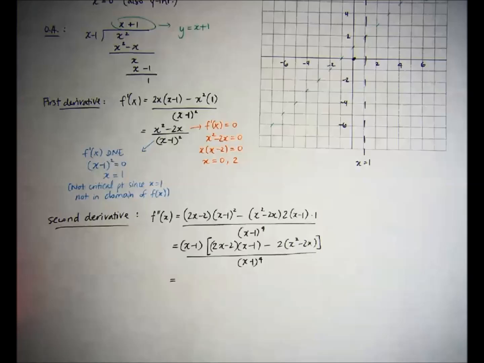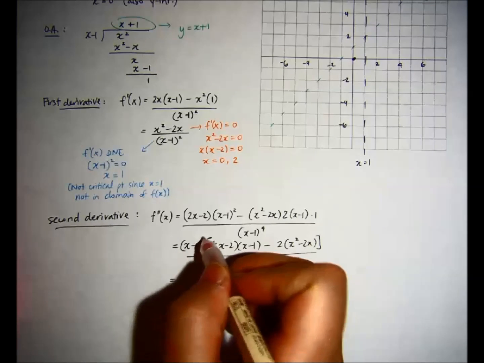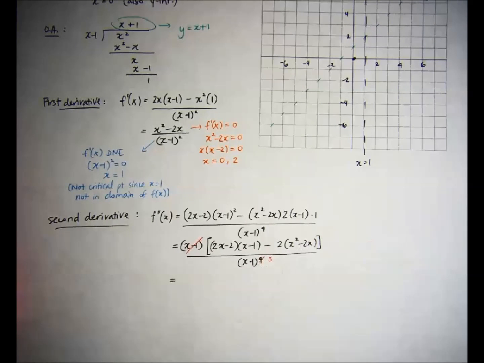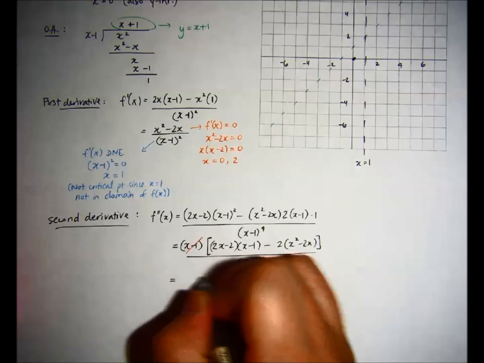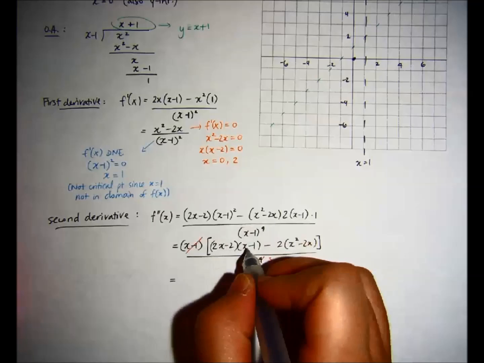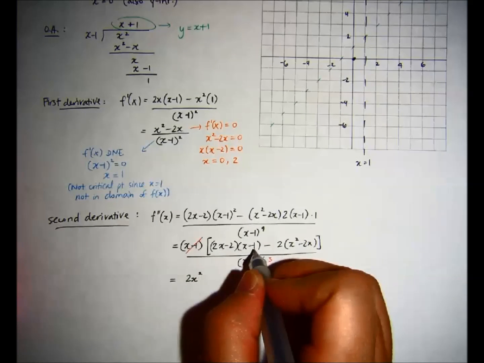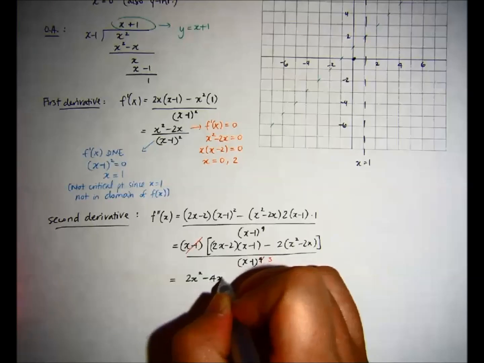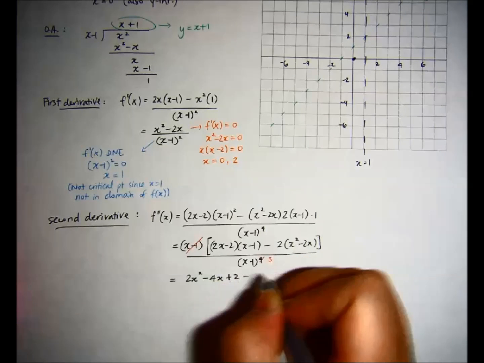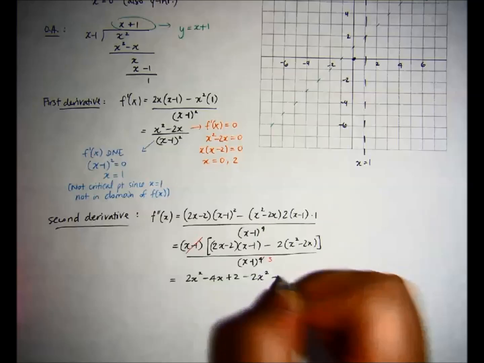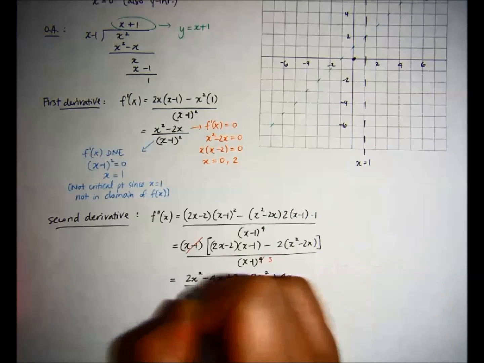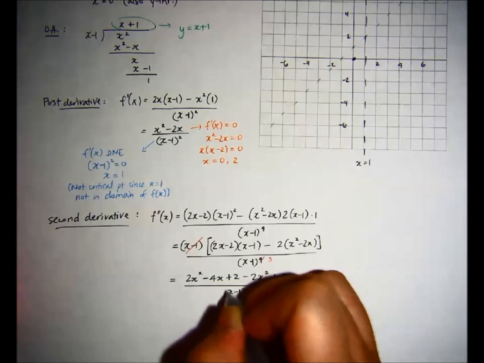Then I will be able to cancel out the x minus 1 from the numerator with one of the x minus 1s from the denominator. And then when I expand the numerator completely, this will be 2x squared minus 2x minus 2x, so minus 4x, and then plus 2 minus 2x squared plus 4x over x minus 1 cubed.